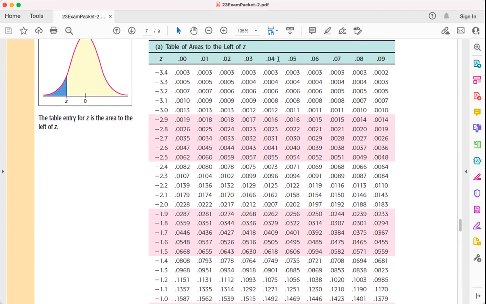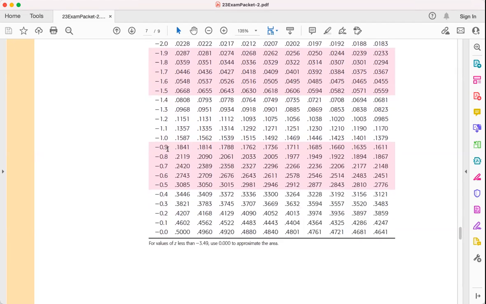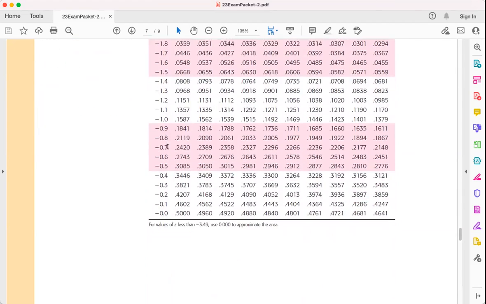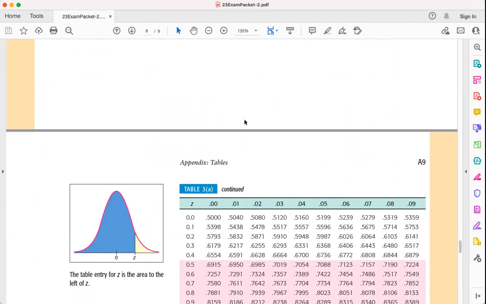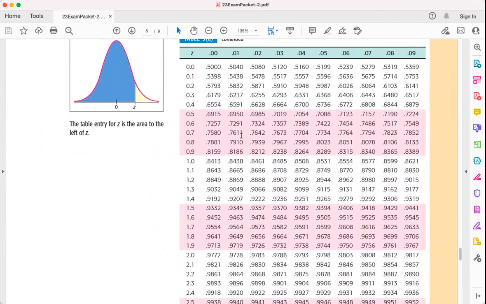So for example, we have 1.5, right? This first page here has the negative values of Z. Now for positive values of Z, you need to move to the next page. In the next page, you see the first column, the values of Z are positive, 0.0, 0.1. So we need 1.5 or 1.50.